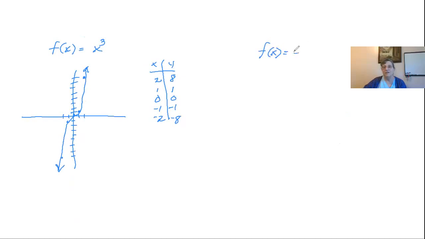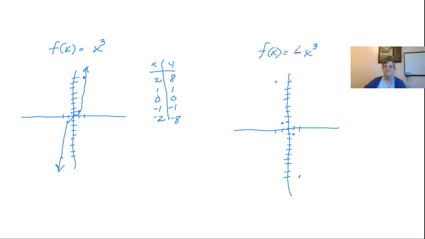If we look at f of x equals a negative x cubed, that basically just changes the signs on all of these. So the +2 would match up with the -8. The +1 would match up with the -1. 0 is still 0. And it's going to go like this.